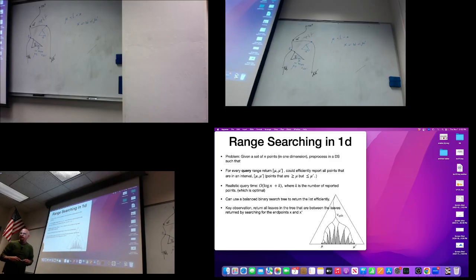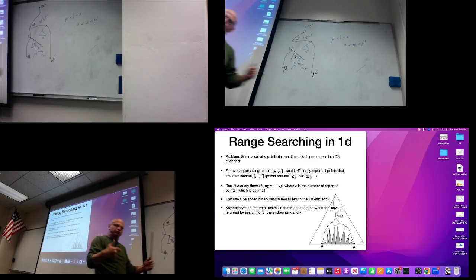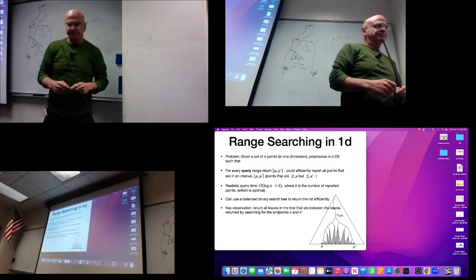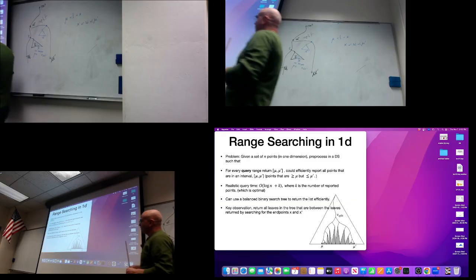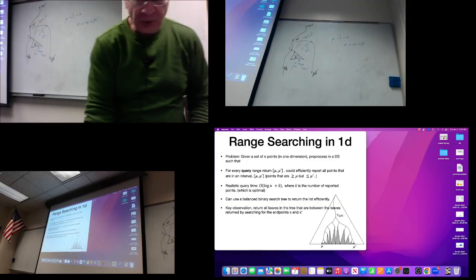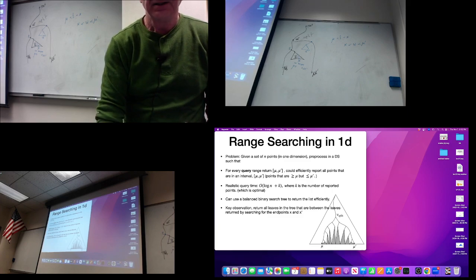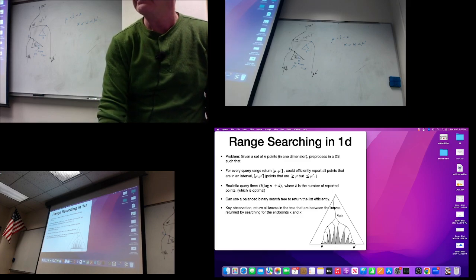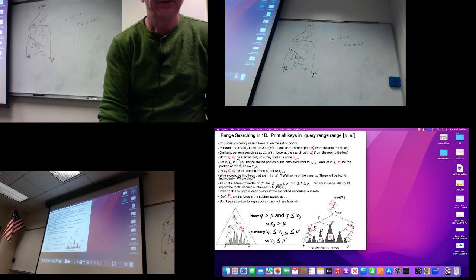So they're also in range. So all these subtrees are all in range. So you basically get the algorithm that in log n plus k can tell you where do you have interesting things, where do you have relevant subtrees.